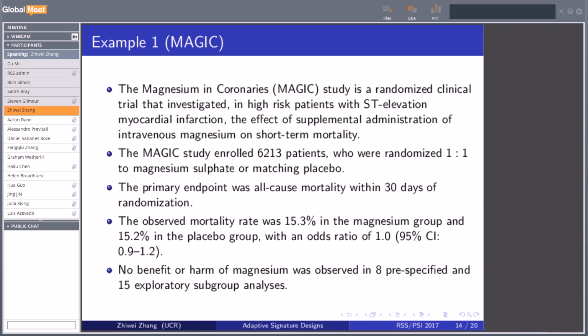It turns out the observed mortality rate was 15.3% in the magnesium group and 15.2% in the placebo group, with an odds ratio of 1.0. So there's no significant treatment effect. And furthermore, no benefit or harm of magnesium was observed in 8 pre-specified and 15 exploratory subgroup analyses.